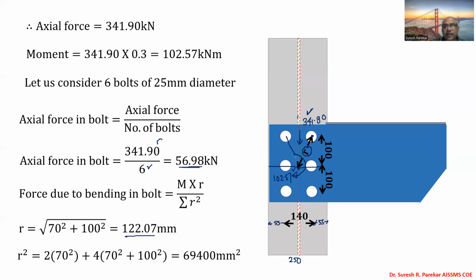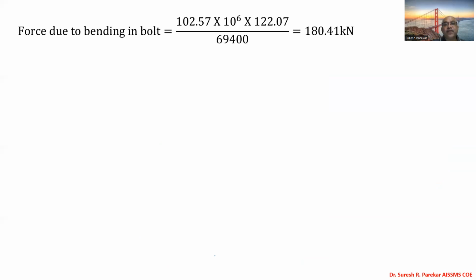But for the others, we have 70 square plus 100 square. So 4 bolts, that is 1, 2, 3, 4, are at the same distance from the CG of the bolt group. This value we will get as 69400 millimeter square.